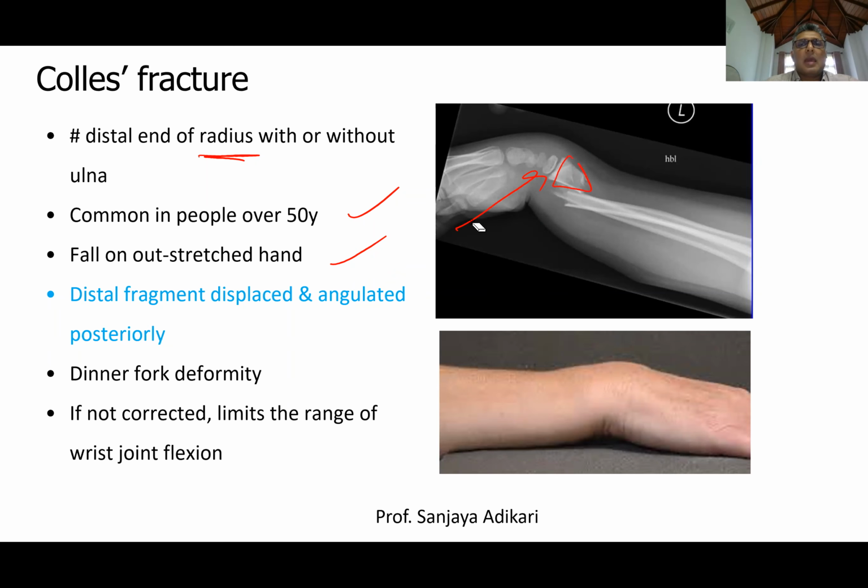If you get the patient to keep the forearm and the palm on the surface of a table, you get this typical dinner fork deformity, as you can see here.